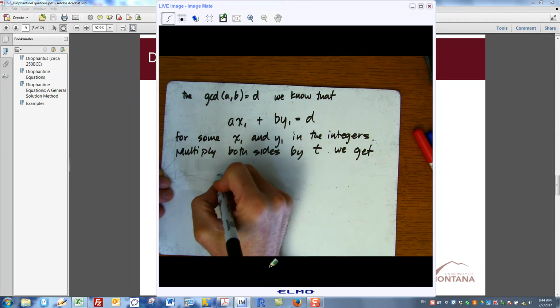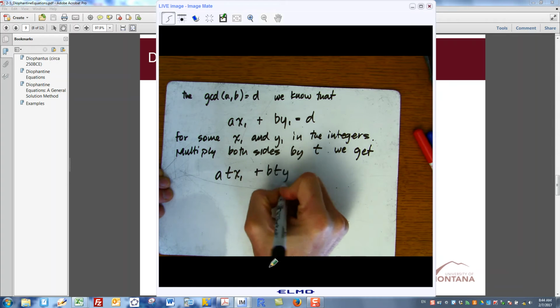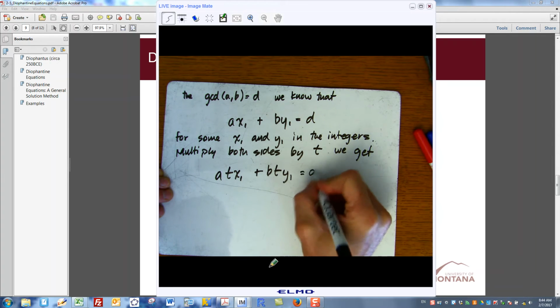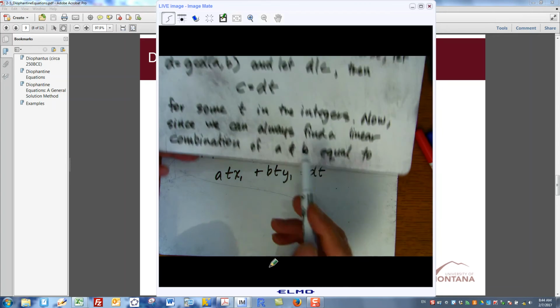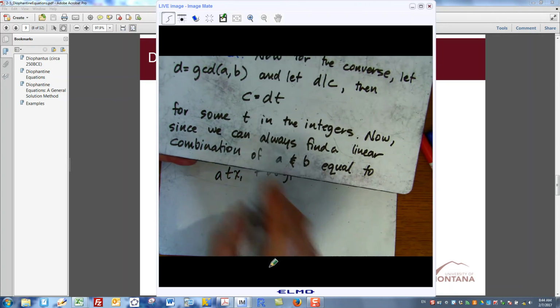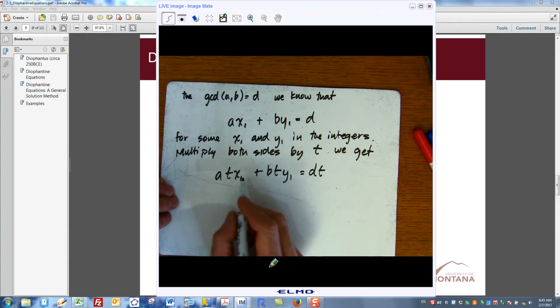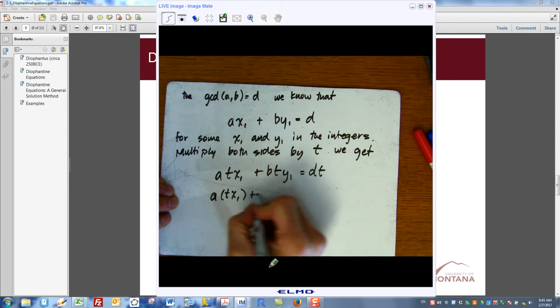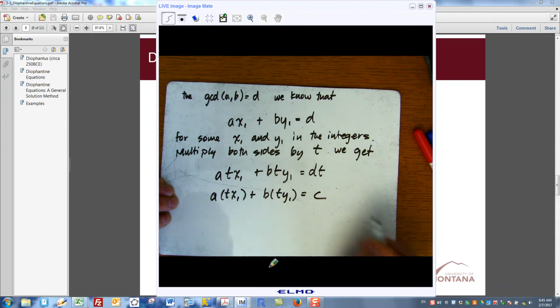I'm going to put it in the middle. a t x1 plus b t y1 equals d t. But going back to where we were, c is equal to d t. So this is actually c itself. And factoring out the a and b, I can write this as a times t x1 plus b times t y1 equals c.